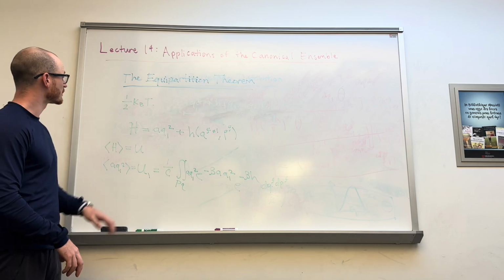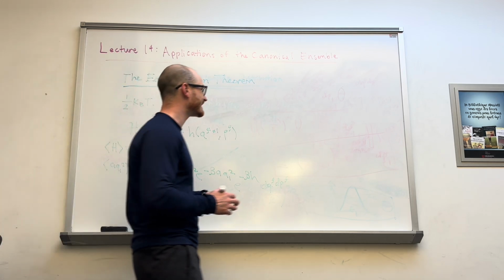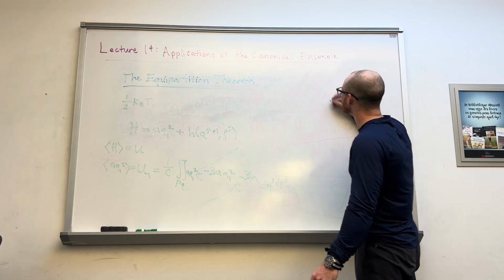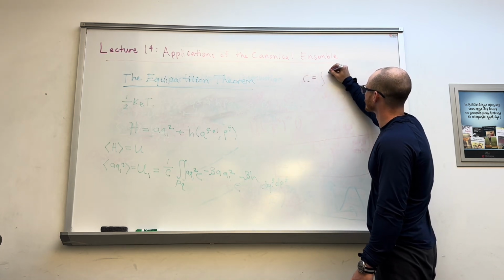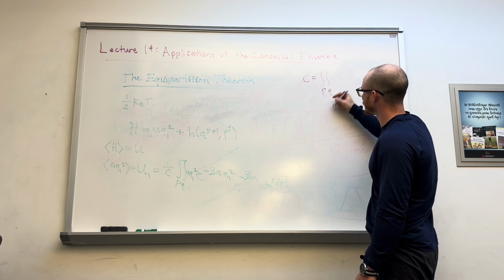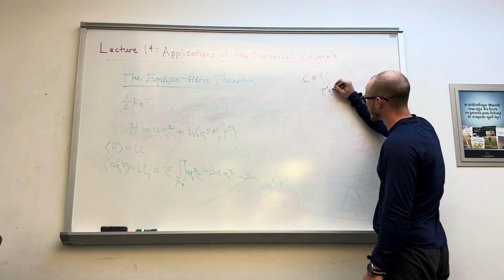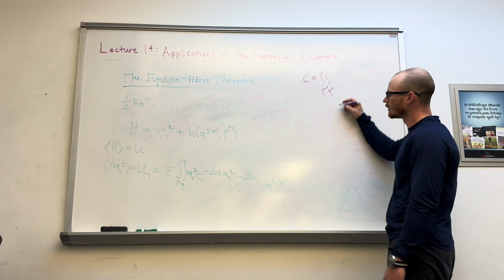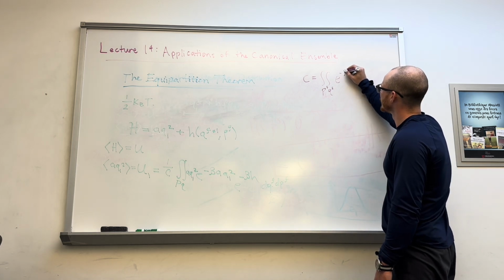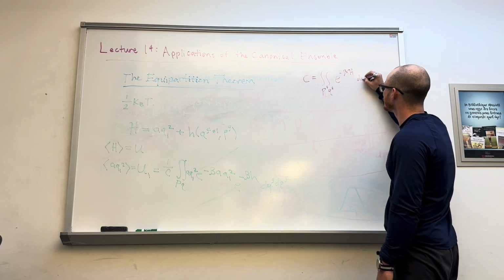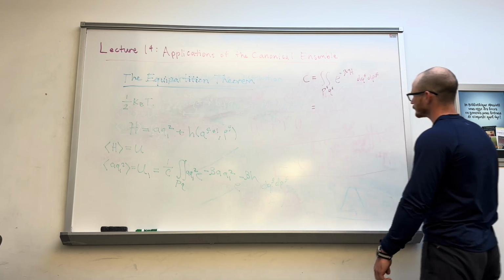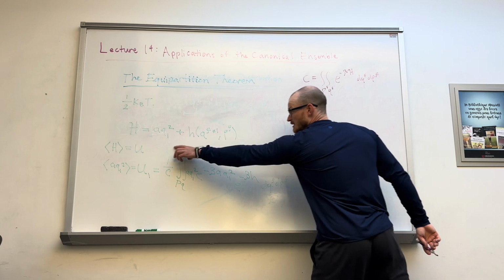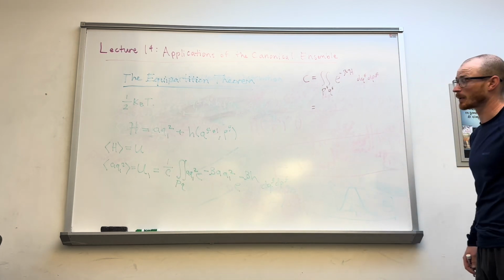Now, to make it simpler, let's evaluate c first, this c. Well, just like last time, this is just equal to the integral over all p's and all q's of e to the minus beta h dq^f dp^f. Now, of course, we've isolated only q1 here, right?